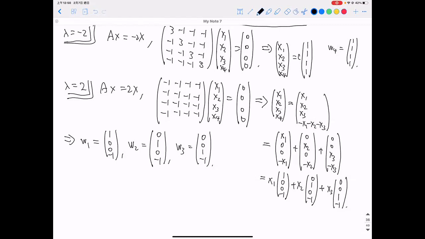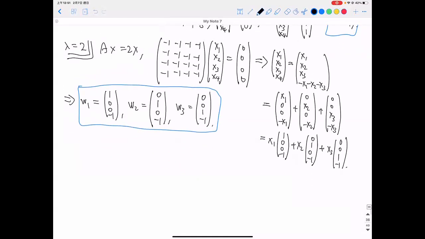Now, the thing is they're not orthonormal. Certainly, even with W4, they're still not orthonormal. According to the discussion we made before, we should be able to make them orthonormal. It is clear that W4 is orthogonal to W1, W2, and W3.